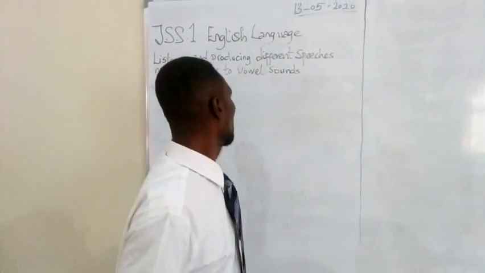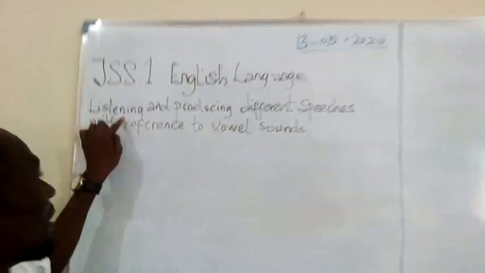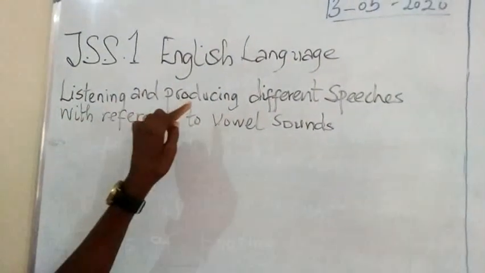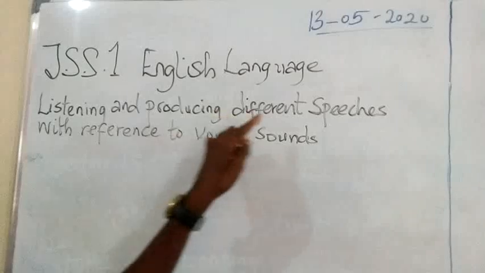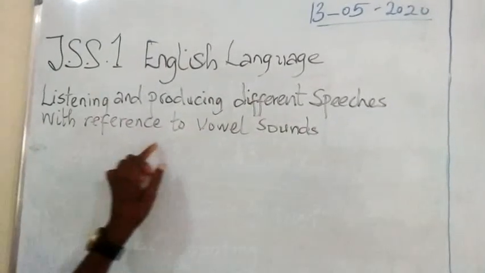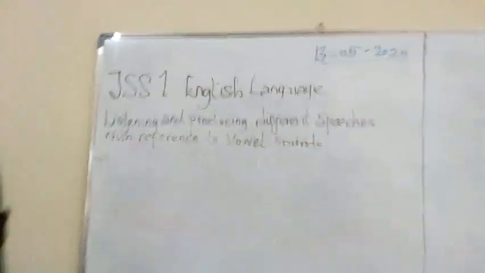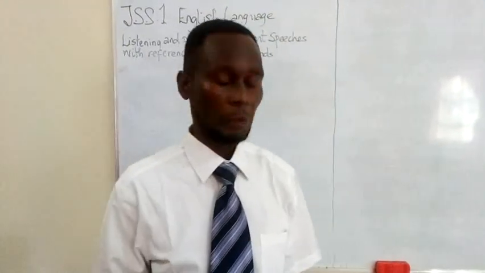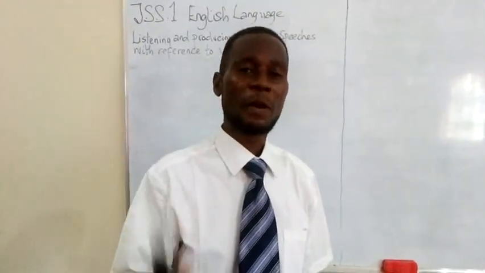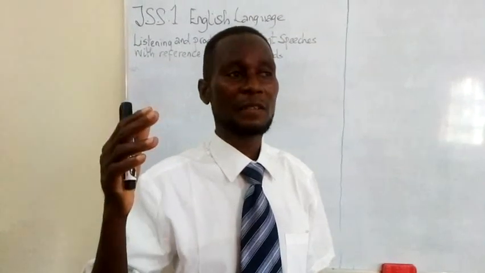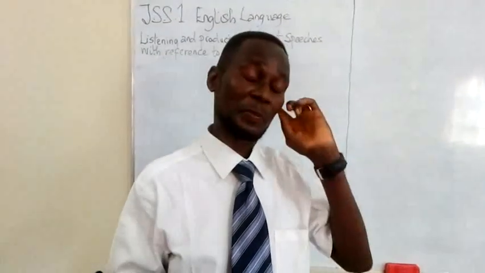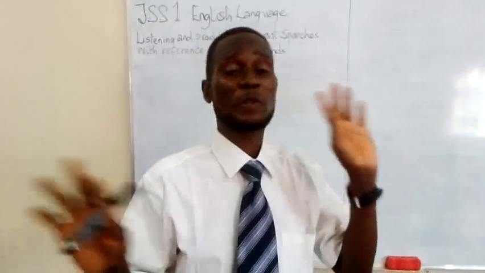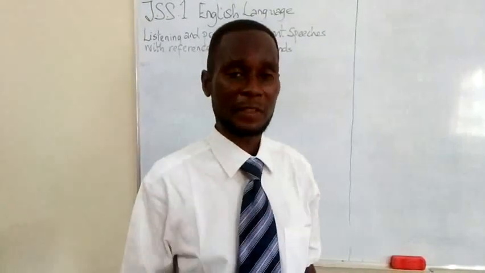So today, we are going to listen, like I said earlier, and produce different speech sounds with reference to vowel sounds. Now, let me refresh what we've already known. We said that vowels are those speech sounds that we make with no obstruction along the air passage.